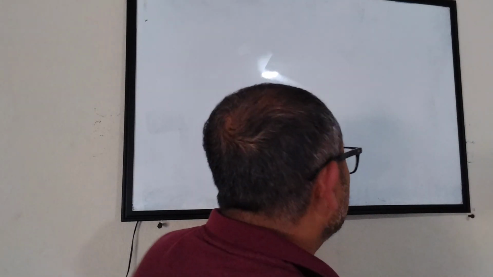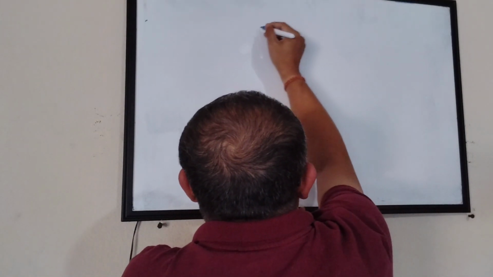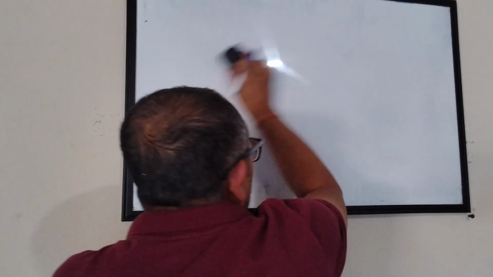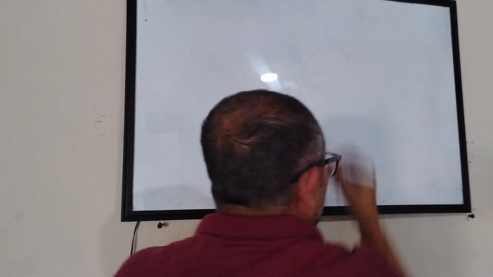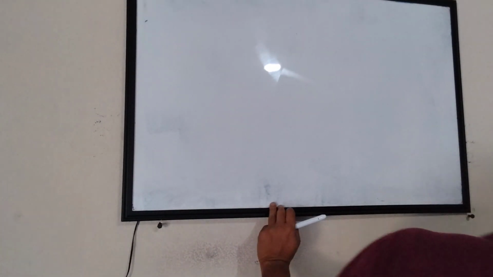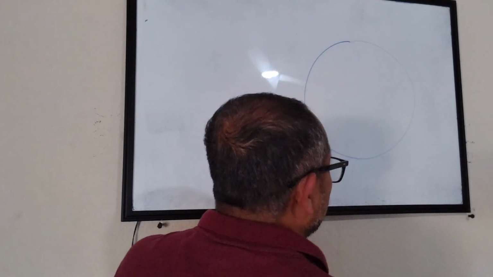Let's look at a simple example. All the circle theorems and circle properties that we have dealt with can be dealt in degrees or in radian as well.